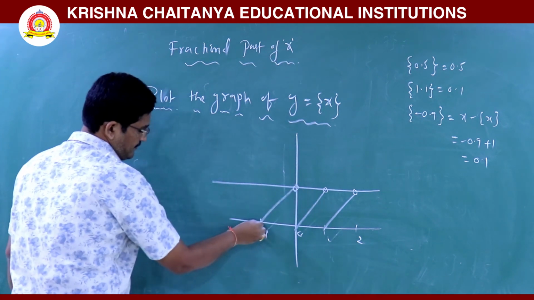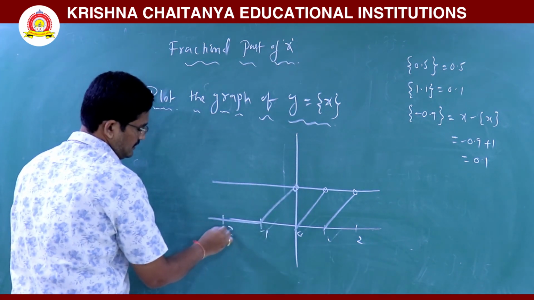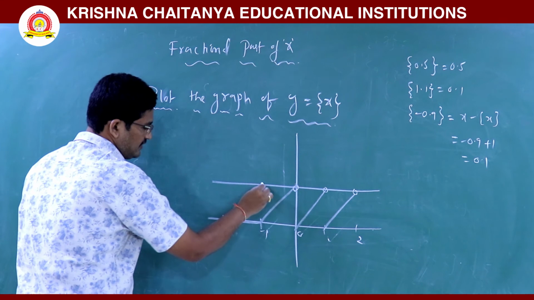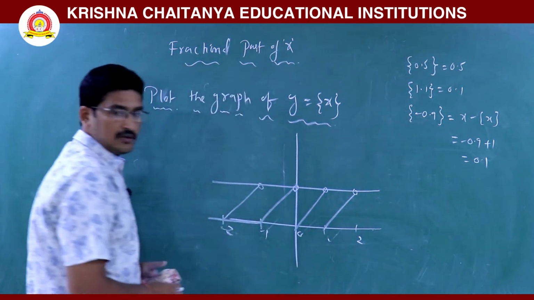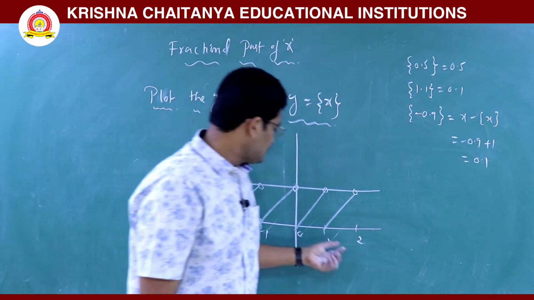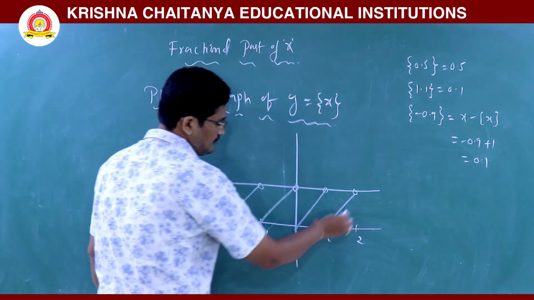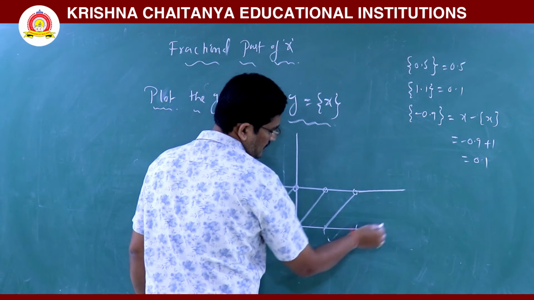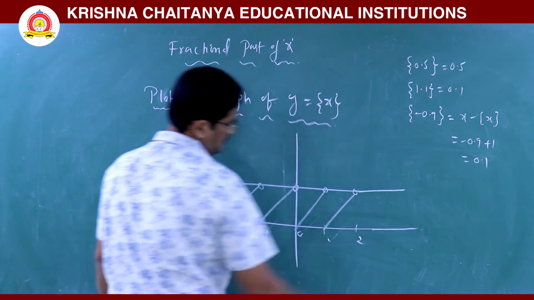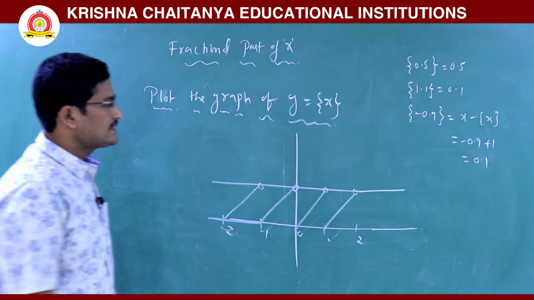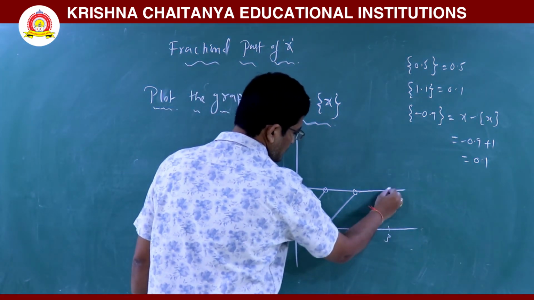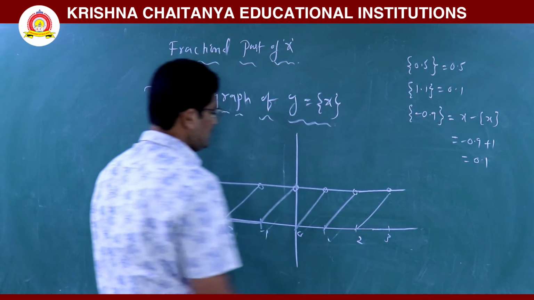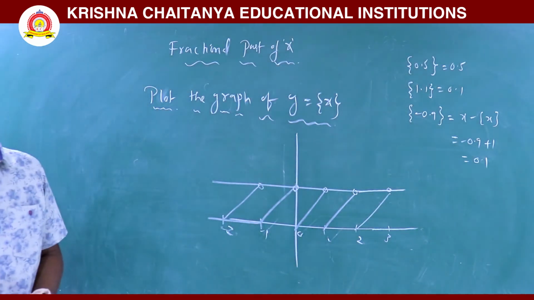So this is the fractional part of x like this. You have to repeat all the values. You have to repeat the graph by taking some values, then the graph looks like this one. Okay, this is called the fractional part of x. Okay, thank you.